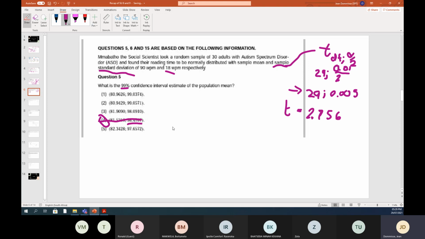So when we follow the same process of the x̄ plus minus, now it is t. Let's just do it from the start.